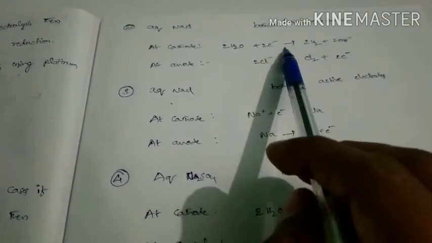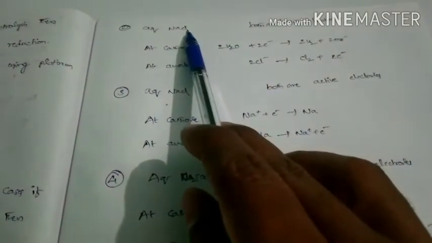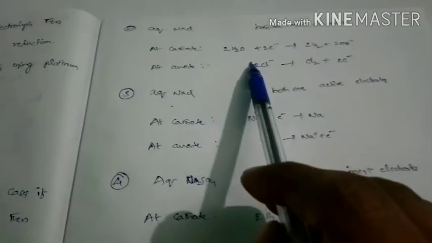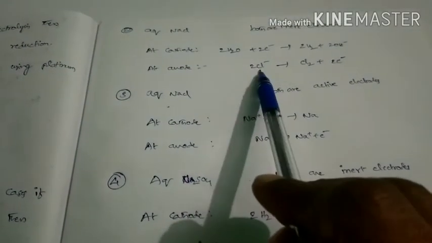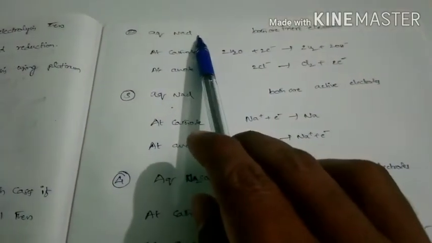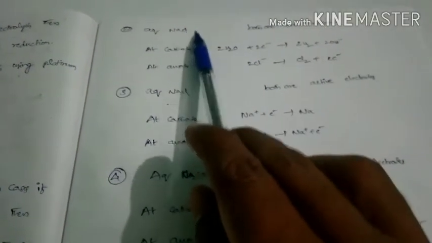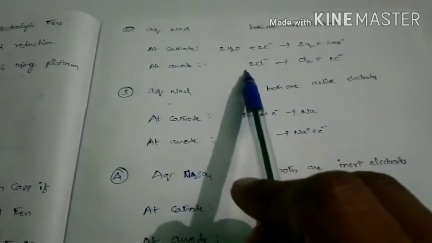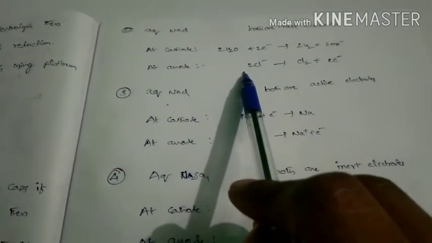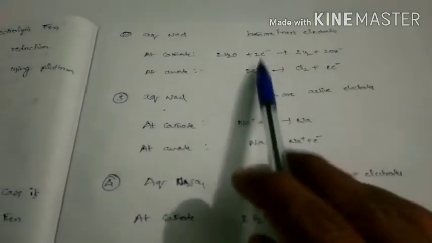I told you already, water undergoes reduction. Here Cl minus undergoes oxidation instead of water, because Cl minus is not an oxoanion. If the anion is an oxoanion, then water undergoes oxidation. So these types of reactions take place.